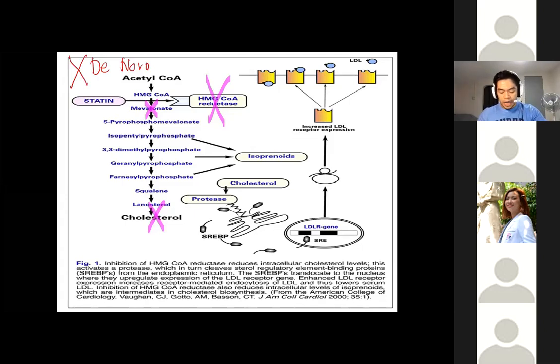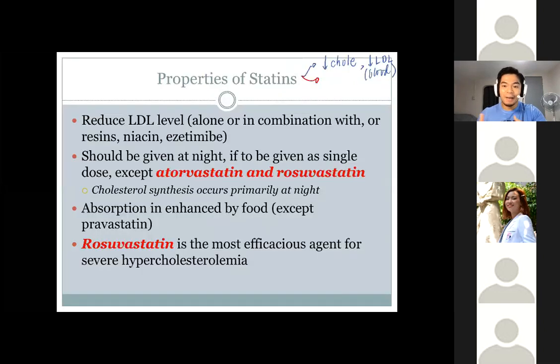So, therefore, ang effect ng statins ay magagamit ng liver ang kanyang alternative sources. Okay? Gagamitin ng liver ang alternative sources. So what could happen pag ginamit ng liver ang alternative sources? May effect ba sa HDL? Magkaka-effect ba sa HDL? Yes or no? Yes, very good. Ano mangyayari sa HDL pag ginamit ng liver ang alternative source? Taas or baba?